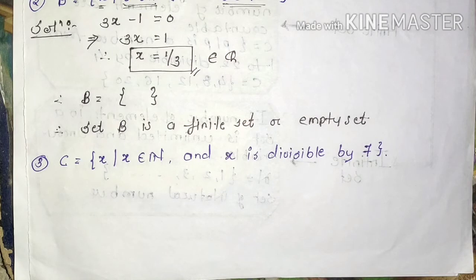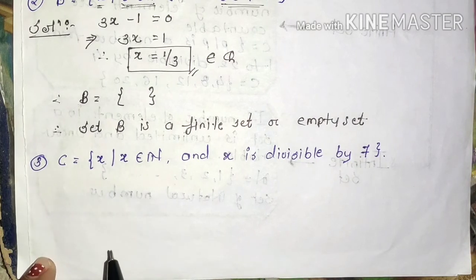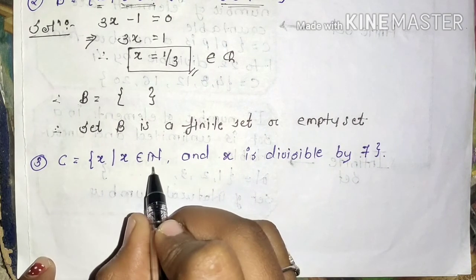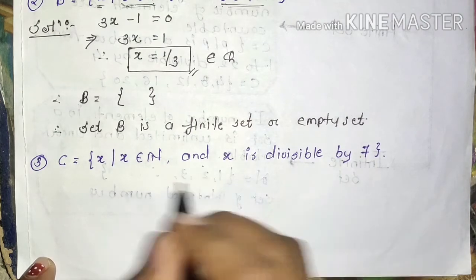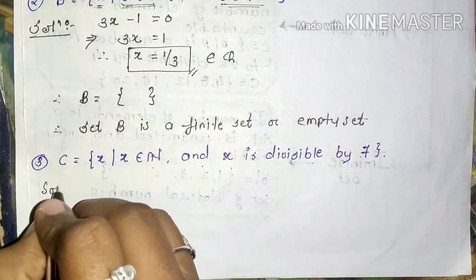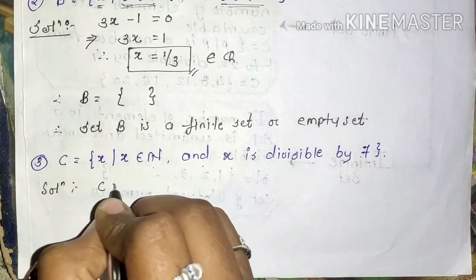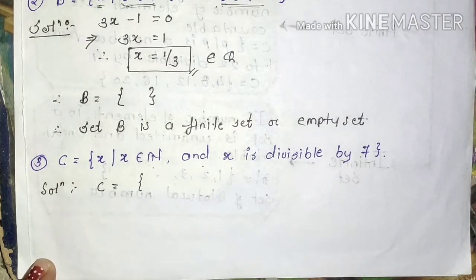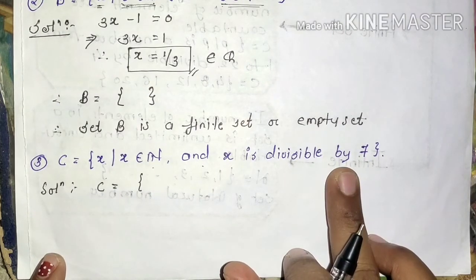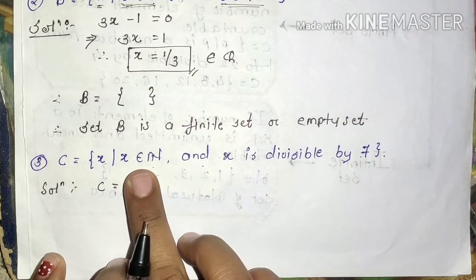Third question we have, C is equal to set of x such that x belongs to a natural number and x is divisible by 7. So let us find out the elements of the set C. So which are those elements which are divisible by 7 and which belong to a natural number?